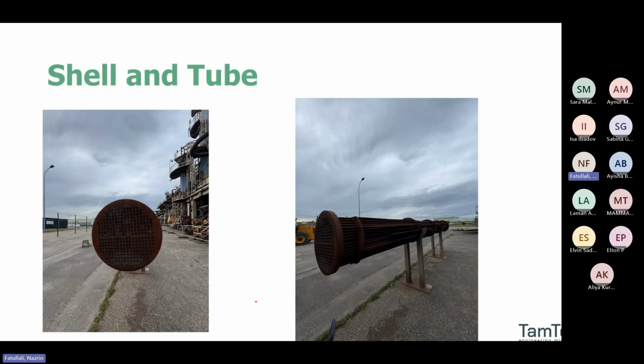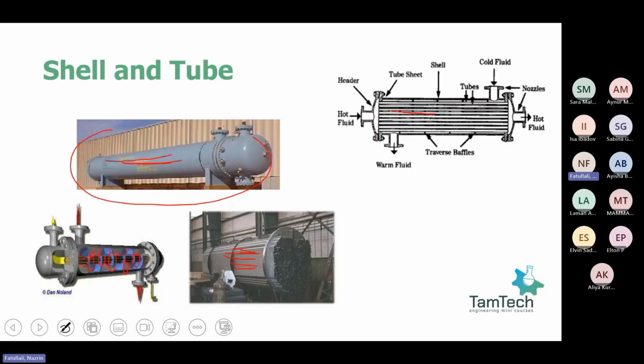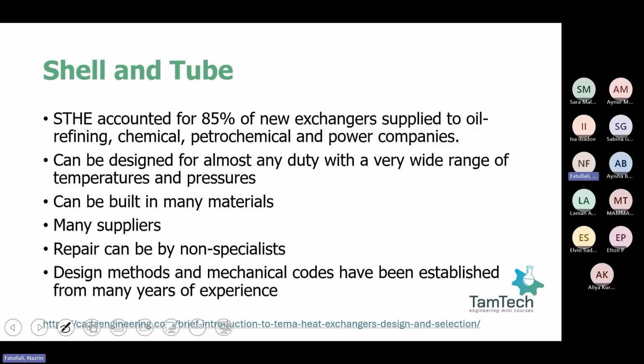And here we can see the shell side. This accounts for about 85% of all exchangers in the refining, chemical, and petrochemical industry. So when someone says the heat exchanger on the plant, it almost always means a shell and tube exchanger.